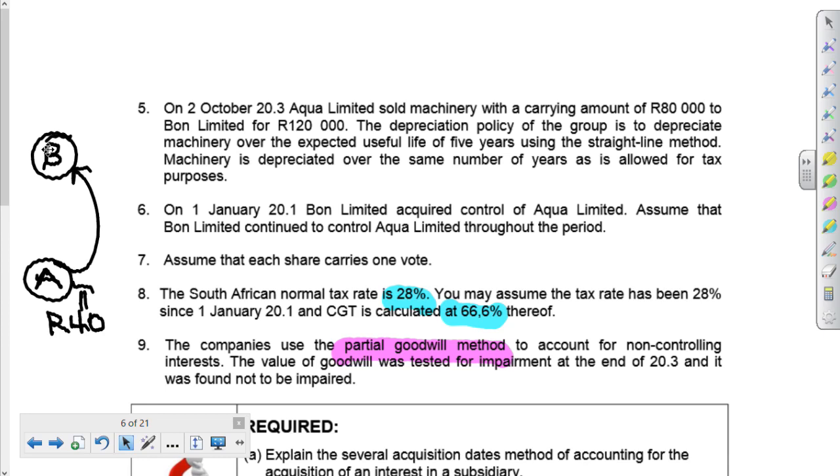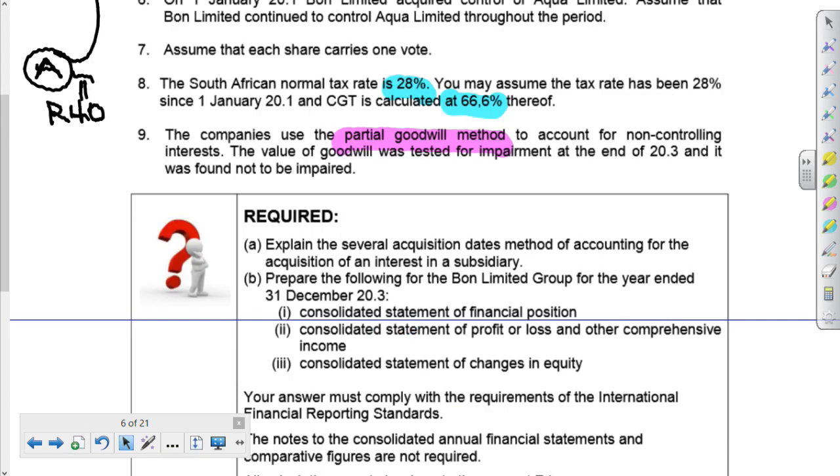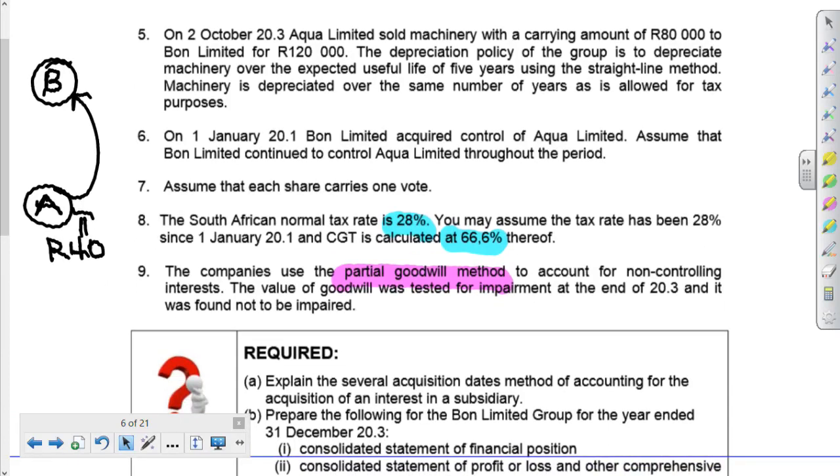Profit is 40. Depreciation is over 5 years. So over 5 years, this profit will come in at 8 per annum. 40 divided by 5 equals 8.